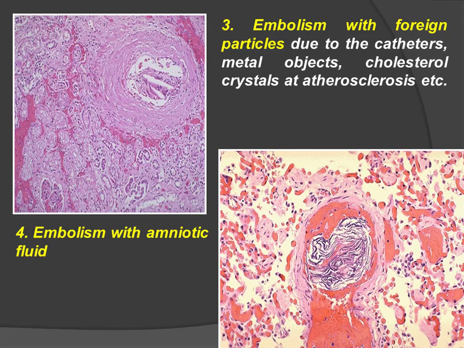Notable changes are seen in the lungs, such as hemorrhages, congestion, edema, and changes of the airways, and dilatation of the right side of the heart. These changes are associated with identifiable amniotic fluid contents within the pulmonary microcirculation.